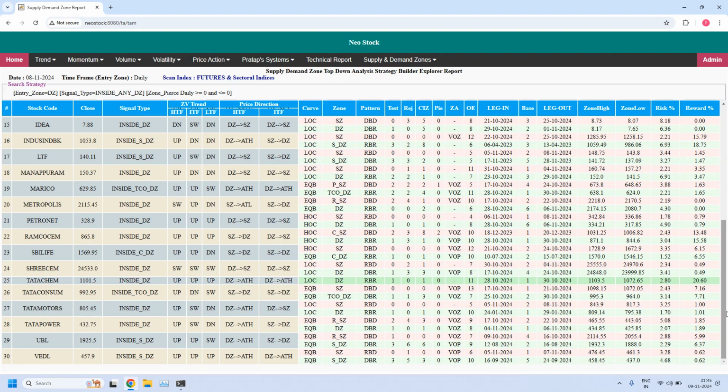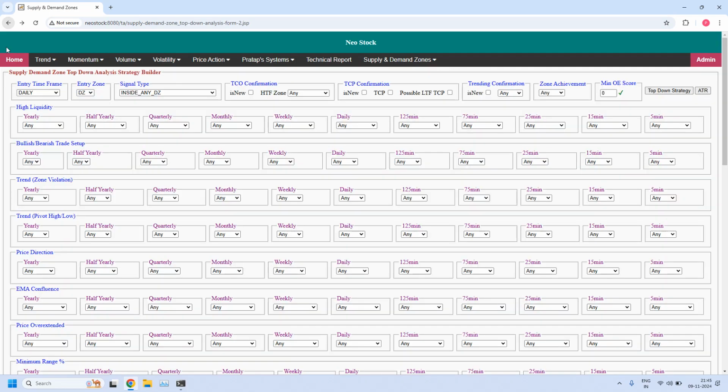Okay, in these 30 stocks, how many stocks are having daily EMA Confluence? So in the EMA Confluence, daily time frame, I set the filter for daily demand zone having daily EMA Confluence.